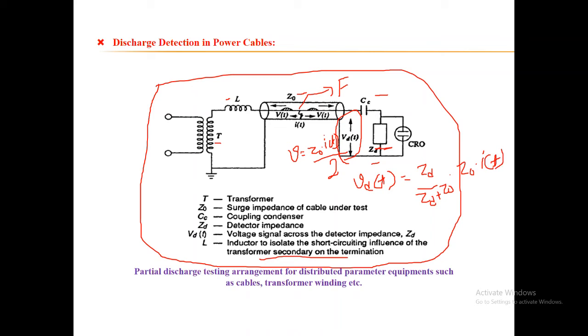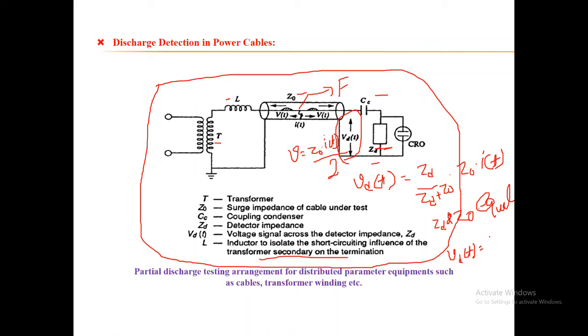So if we consider that Zd and Z0 are both the same, equal, then Vd of t is Z0 into Z0 divided by 2 into Z0.